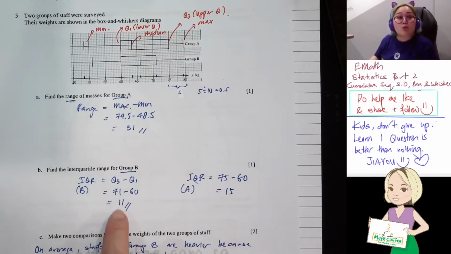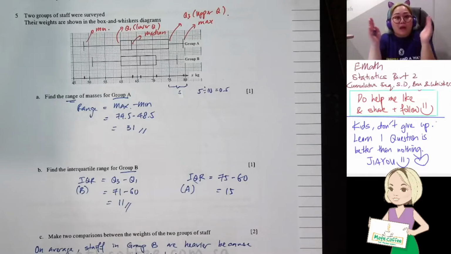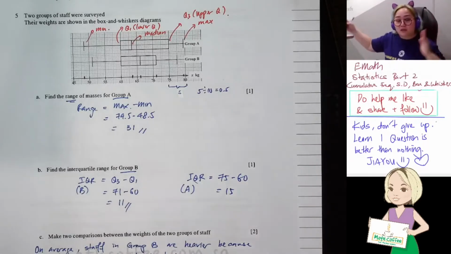When you have a smaller interquartile range, it means that your data are more consistent. That means the range is not so big, not so wide apart.